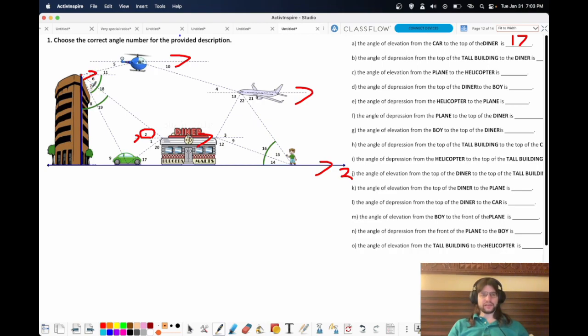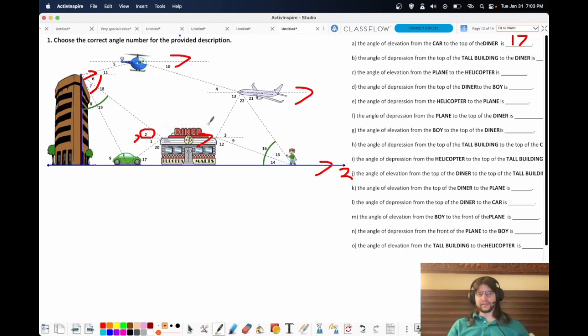See, 7's not anything, because it's not involving a horizontal line. It's actually this whole angle from the start of 7 up to this horizontal line, and they named that angle 18. It's kind of hard to tell, but that's what it is. And you can tell this angle 19 right here is never going to be used because it doesn't go up to a horizontal.